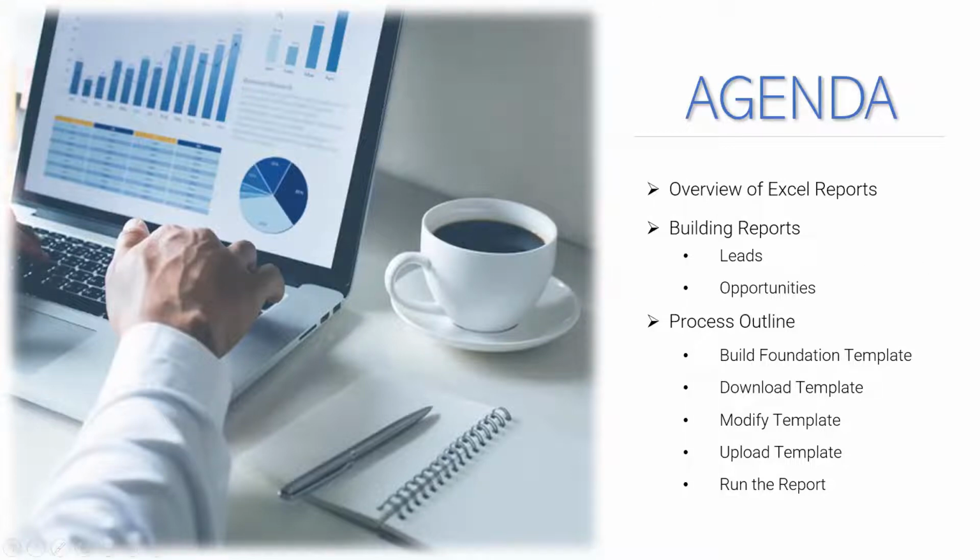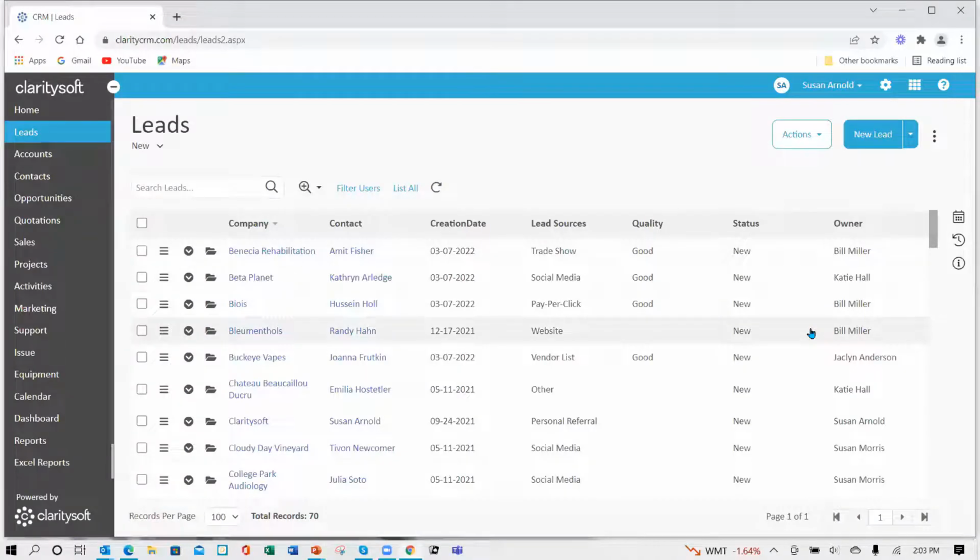All right, so we will go to our ClaritySoft, and I'm in the leads module. What I usually suggest anytime you're going to run or create a report is to go to the module first and create the same filter that you want to use in your report, just to test it, to see that you're getting the data that you want through that filter.